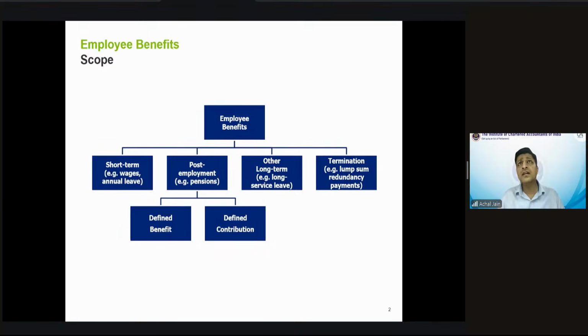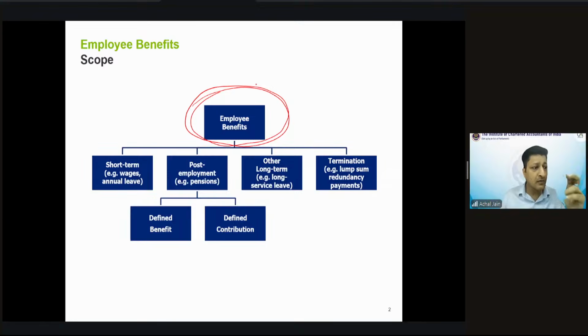But first of all, we need to focus on this term employee benefits to begin with. Once we have complete clarity on what is an employee benefit, wherein we'll try to understand what is an employee, that is when we'll be clear in terms of what types of employee benefits could be involved.